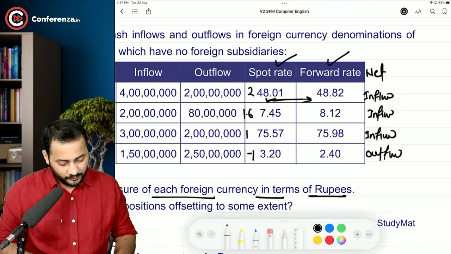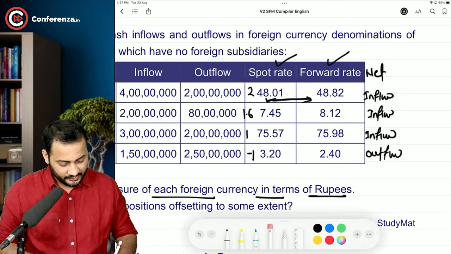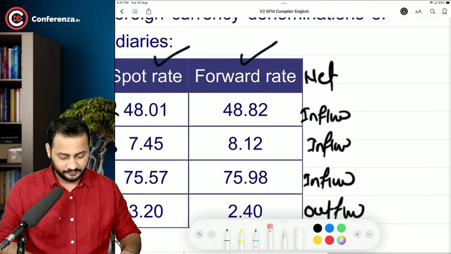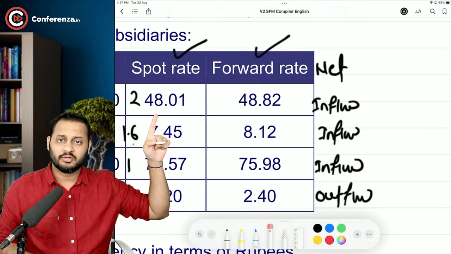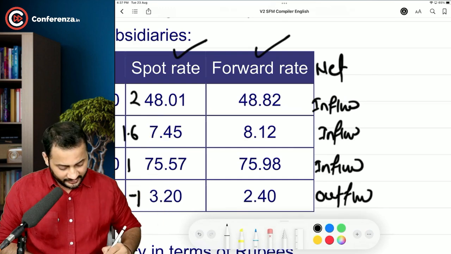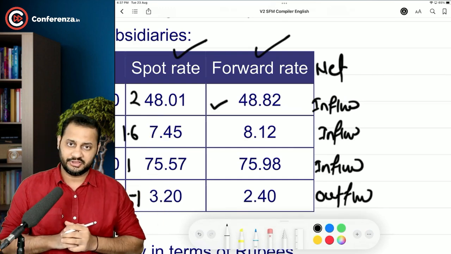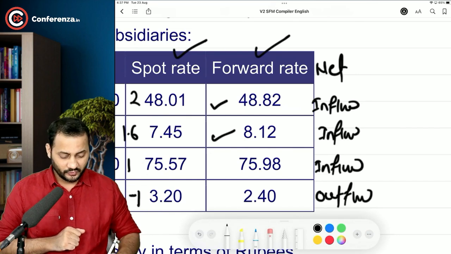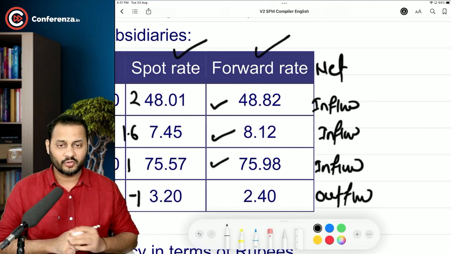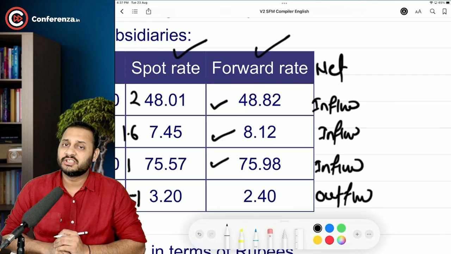So if you compare the spot and forward for the first currency, that is dollar, the forward rate is giving you a better position. In this case also forward is higher, and in this case also forward is higher. So this is a win-win situation for you.